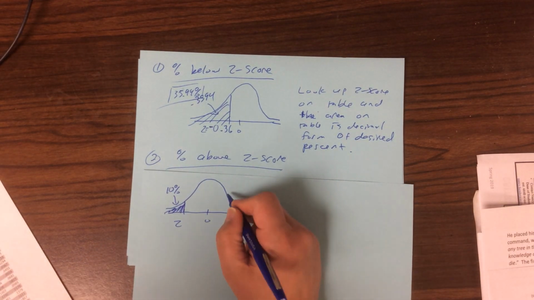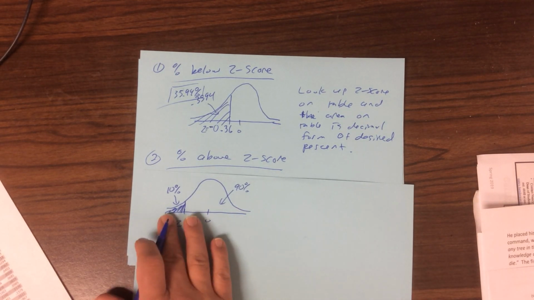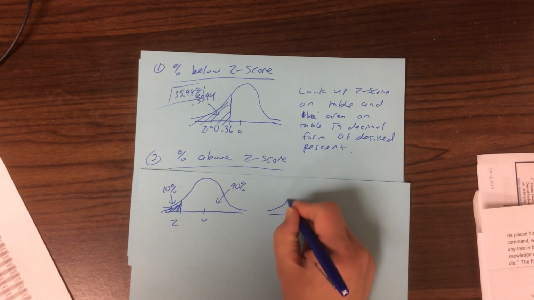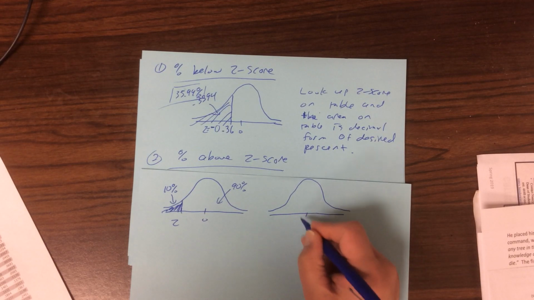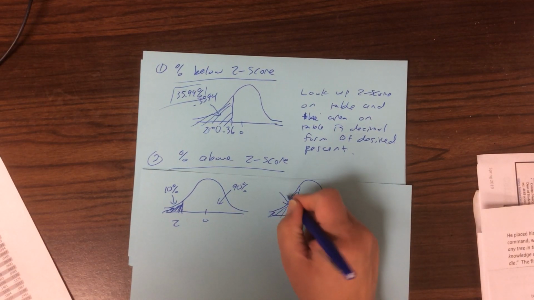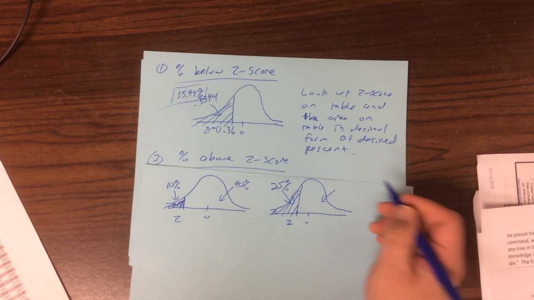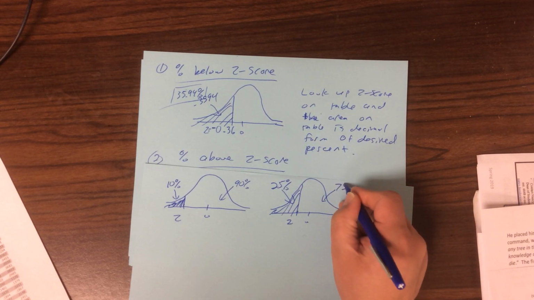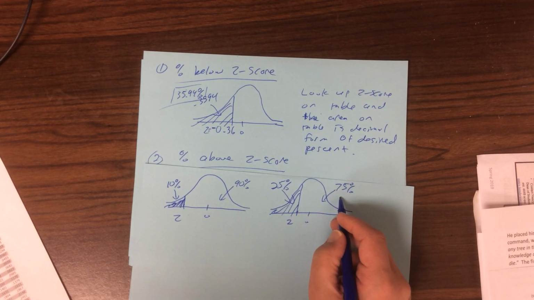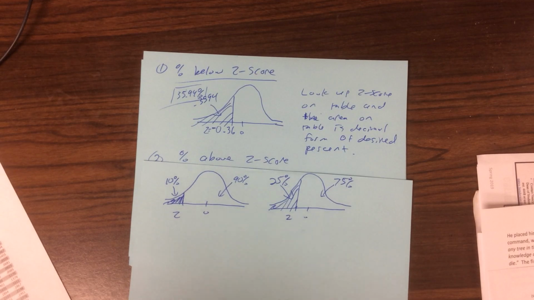If that were 10% of the area, then up above would be 90% of the area, wouldn't it? Because you're either below or above. They have to add together to be 100%. Similarly, let's say this was a z-score where this is 25% of the area. What would the area above be? It would be 75%, right? Because you're either below or above. If this is 25, that's 75, and they add up to 100%.